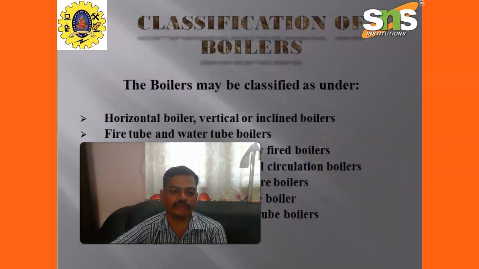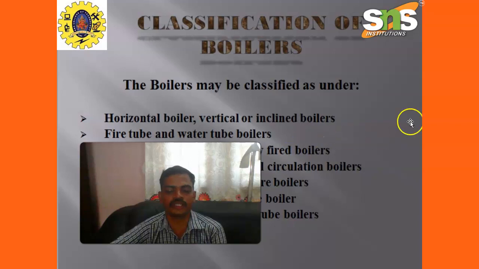The classification of boiler: horizontal boiler, vertical or inclined boiler, fire tube or water tube boiler, externally fired boiler, internally fired boiler, forced circulation and natural circulation boiler, high pressure boiler, medium pressure boiler, low pressure boiler, stationary boiler, single tube boiler, portable boiler, multiple boiler.